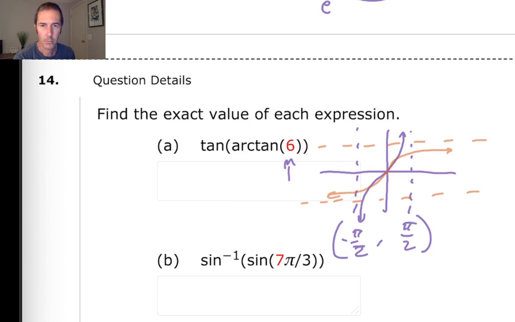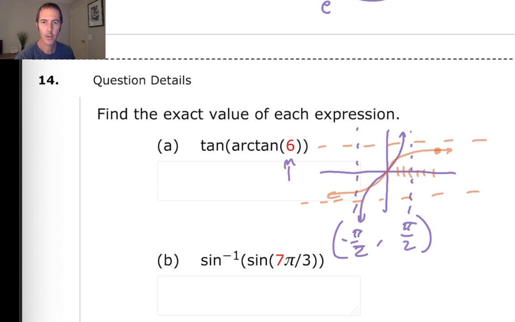Looking at this orange graph that I've drawn, as rough as it is, does the number 6 look like it's in the domain of that orange graph? Is there a point on this orange curve that has an x-coordinate of 6? I would say yes.